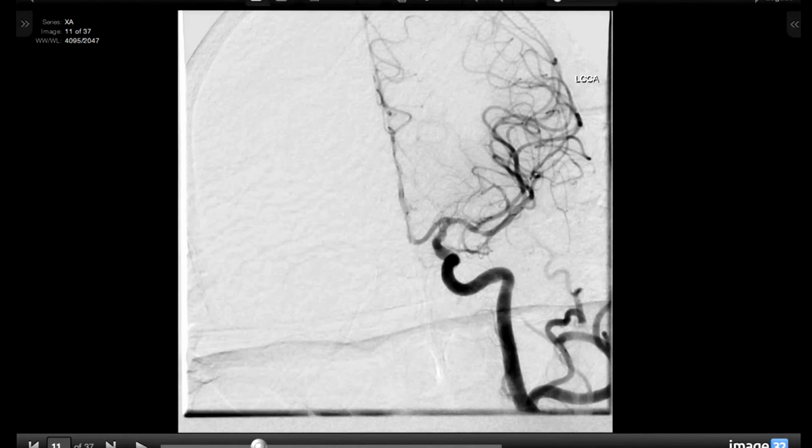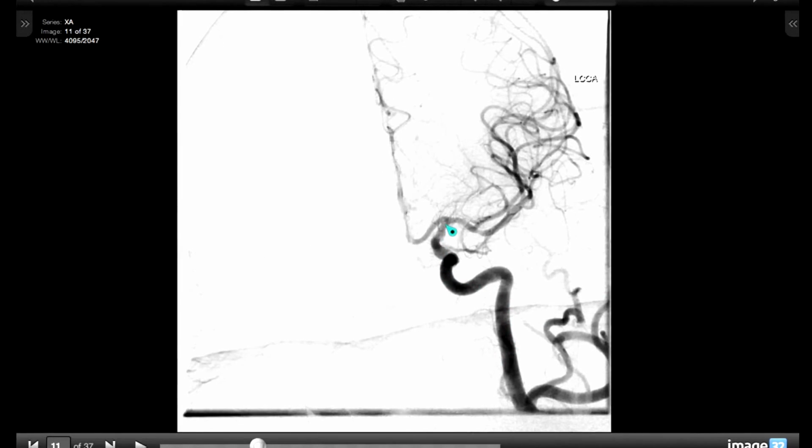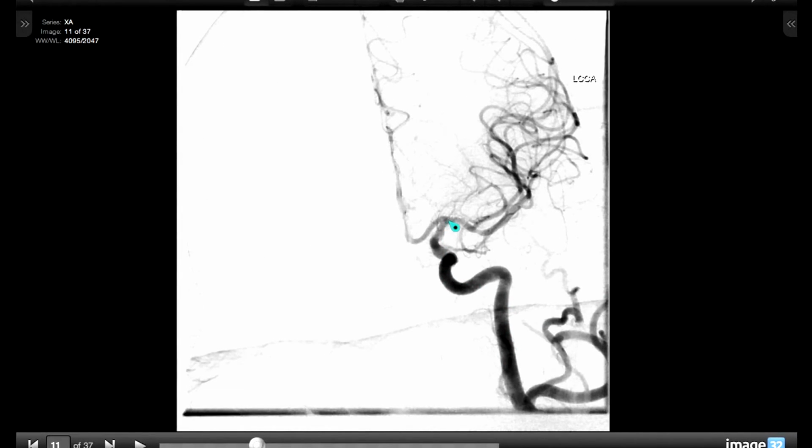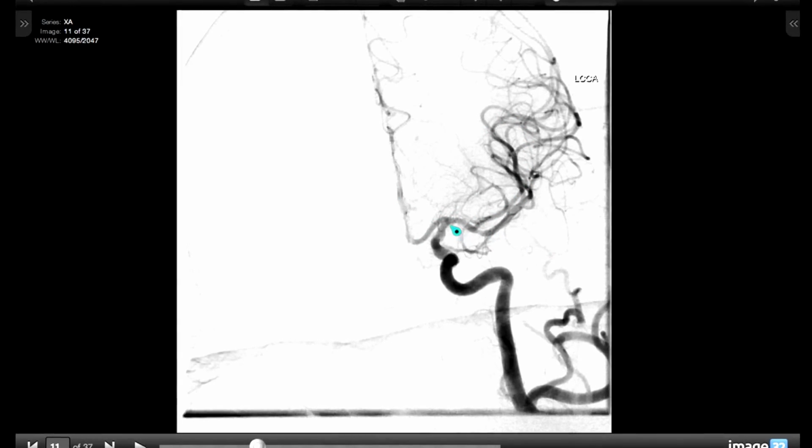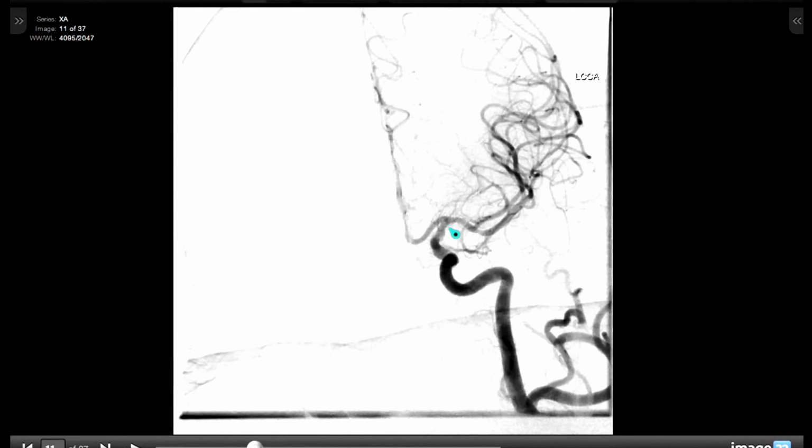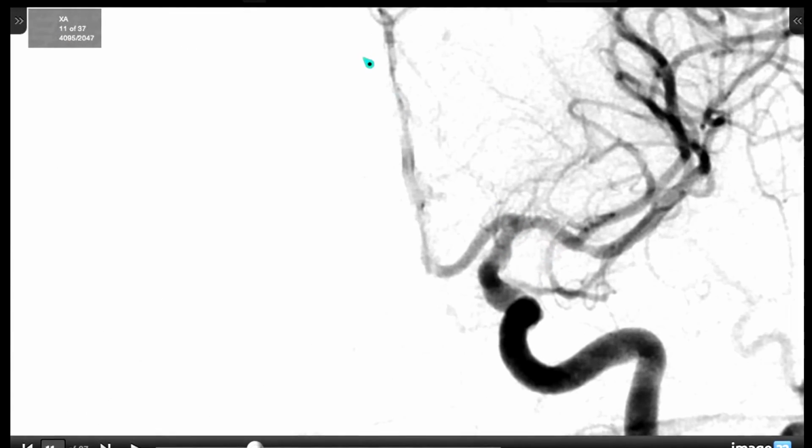You see contrast flowing into the arteries, into the carotid artery, the carotid terminus here, that T-shaped configuration, into the middle cerebral artery that supplies much of the left hemisphere of this patient's brain, and the anterior cerebral artery here. So both of these branches were not seen because there was a cutoff because of the blood clot, and now we see normal restoration of blood flow into this patient's left hemisphere.